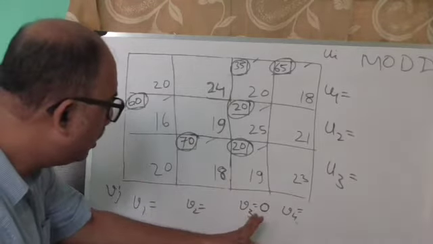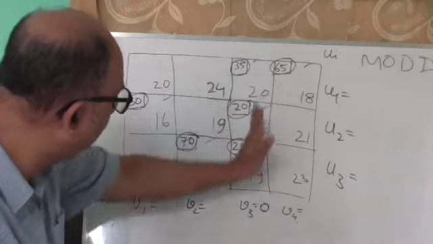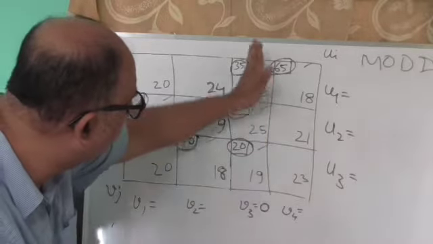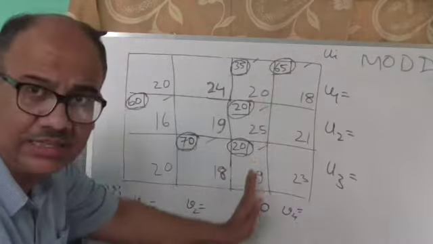If you take V3 as 0, then what are the allocated cells? All 3 of them are allocated cells in this column.